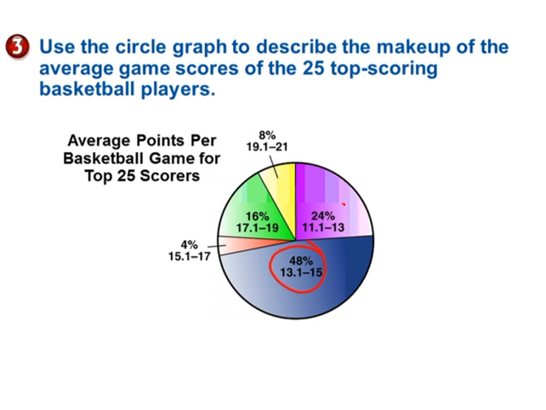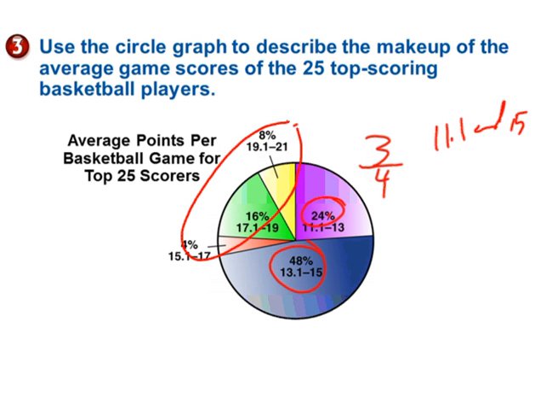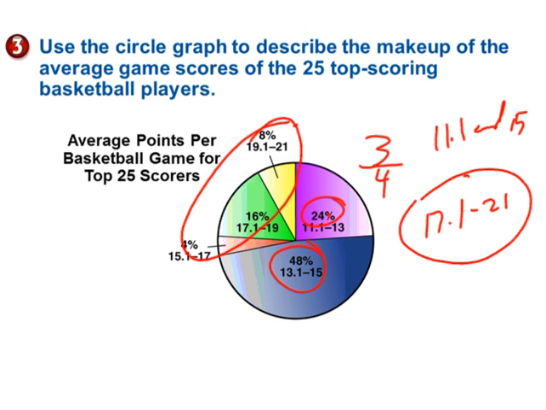If I add that to this, that gives me almost 3/4 of the players, because 24 plus 48 would be 72%. 72% is very close to 3/4, which is 75%. 3/4 of the players score between 11.1 and 15 points per game. 1/4 of the players score between 17.1 and 21 points. There's lots of other comparisons that could be made, but that's an example.